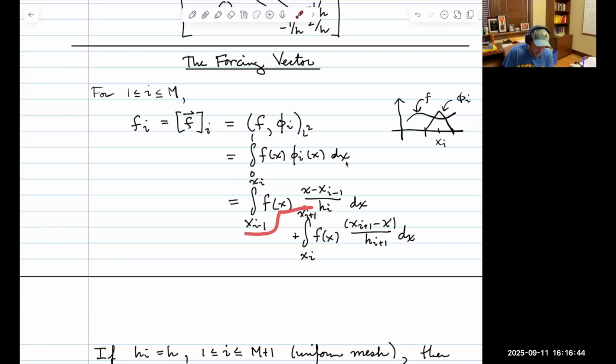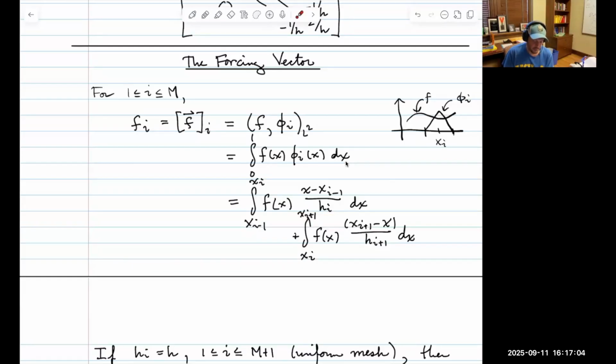So here's the integral over ki, and here's the integral over ki plus 1, kind of nestled in there. So what are these integrals? Well, I don't know, because f could be a fairly complicated function.